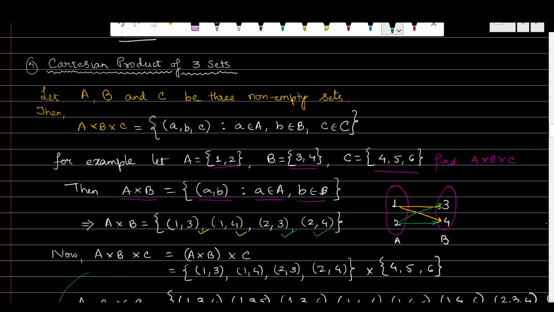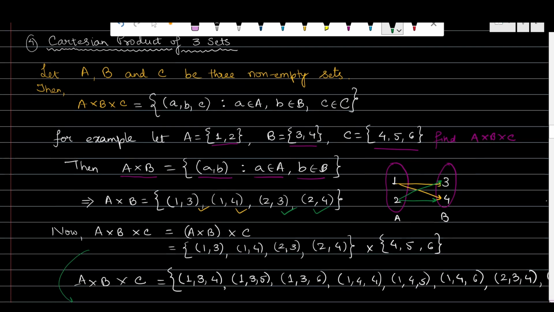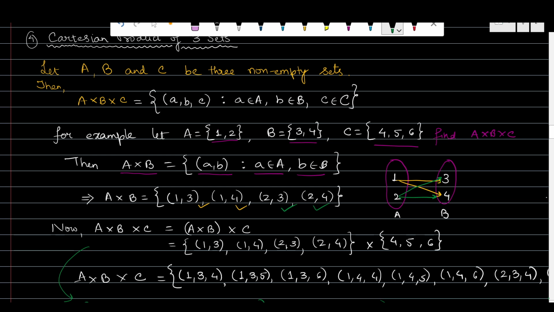Next, we need to find the value of A cross B cross C. Now we have found the set A cross B. This set is multiplied by C, which is {4, 5, 6}, right?